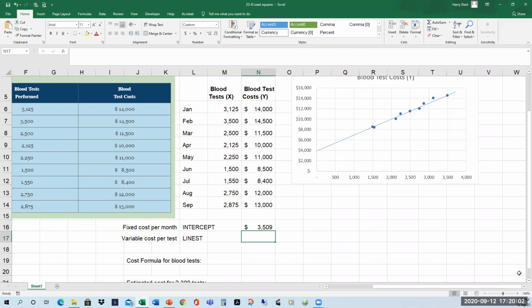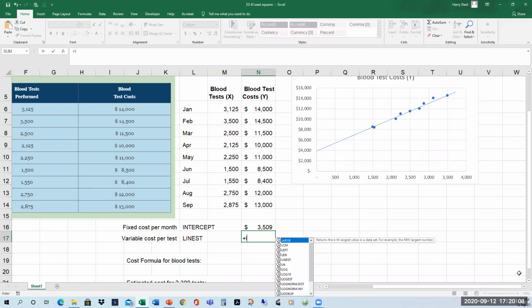For the slope, which is the variable cost portion, the function is linest. So again, if I start typing in LIN, Excel gives me the rest of the function. And similar to the fixed cost, it asks me for known Ys, known X's, and it's got constant and stats.